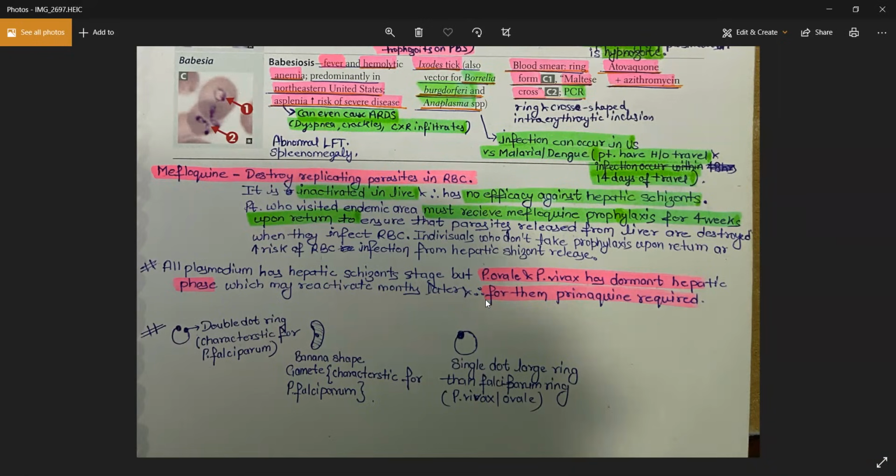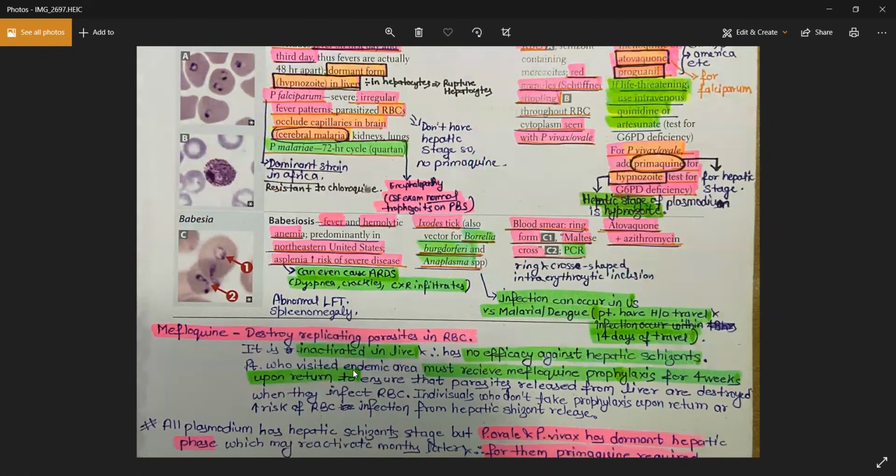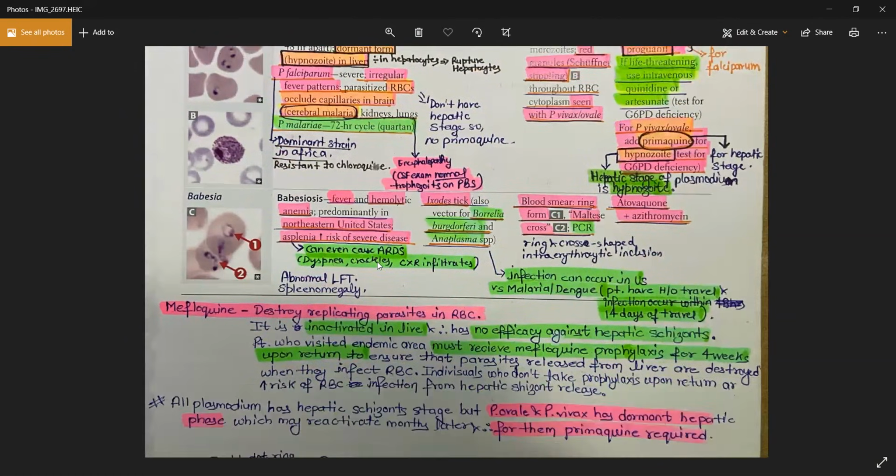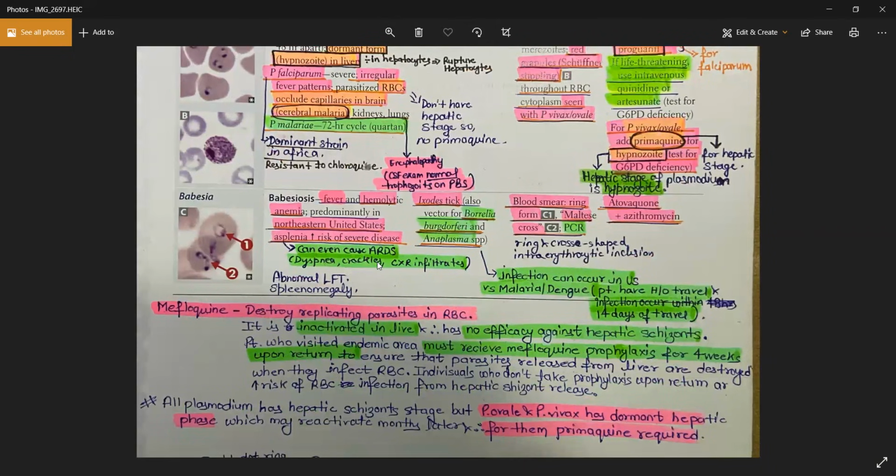It is the most common thing, but not always; most commonly you get a single ring. And also the gametocyte of falciparum you can expect in the exam, and it would be a banana-shaped gamete, the crescent shape, which is characteristic for falciparum.